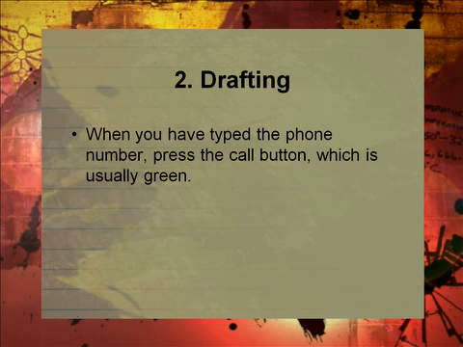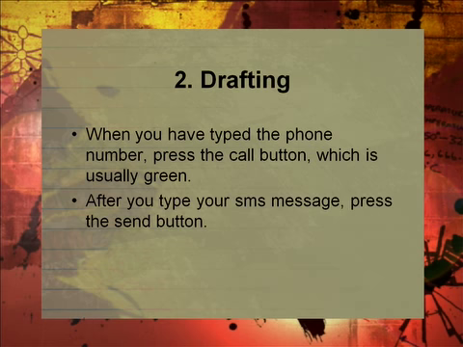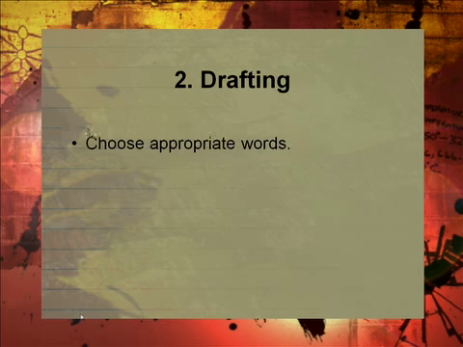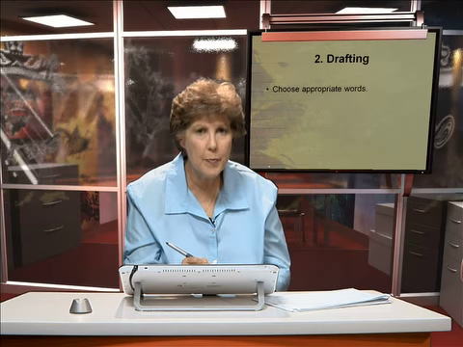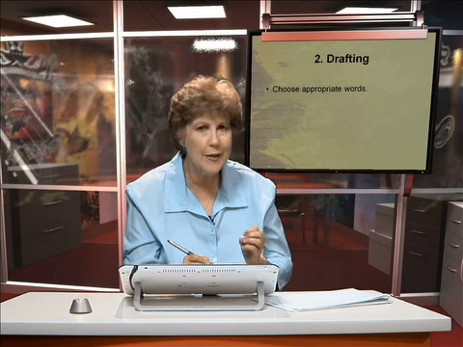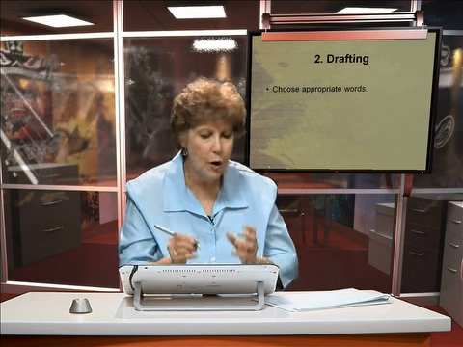Then maybe you are going to develop that. You're going to say, when you've typed the phone number, press the call button, which is usually green. Or after you type your SMS message, press the send button. Remember, you're always going to think about the appropriate words that are needed for the text that you are writing.